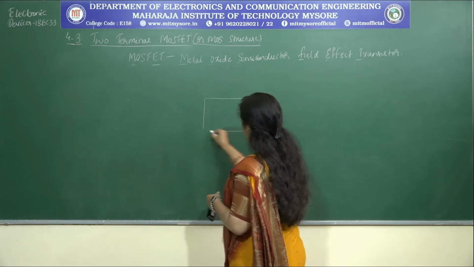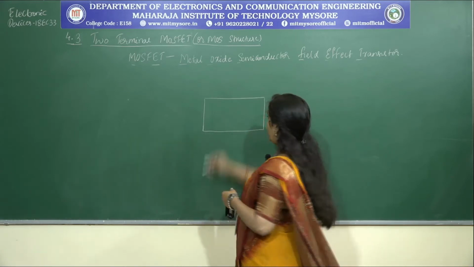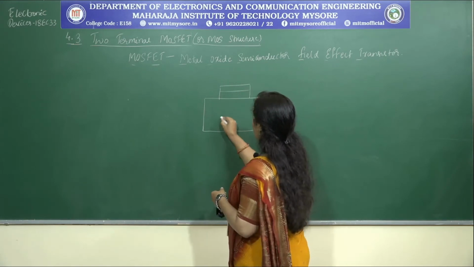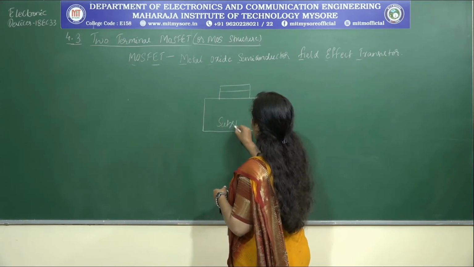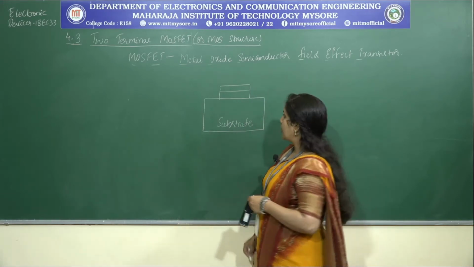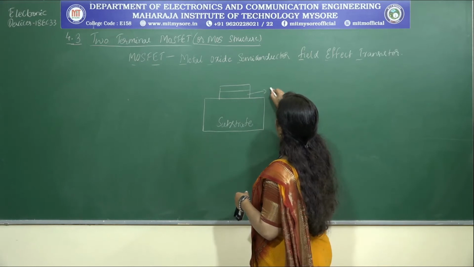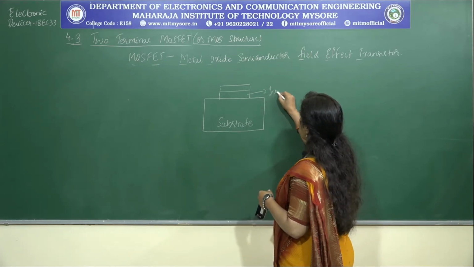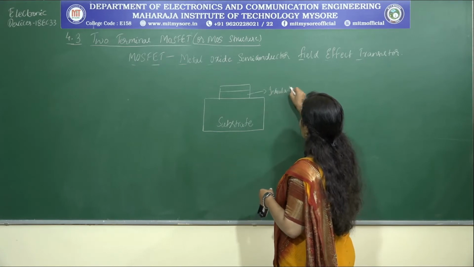Let me consider the MOS structure. This underlying material is what we call the substrate. Then this is an oxide layer, which is an insulator.